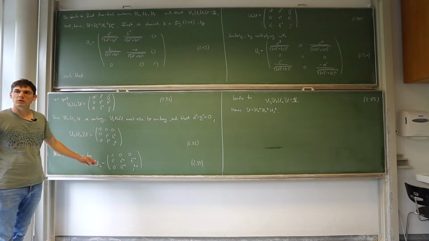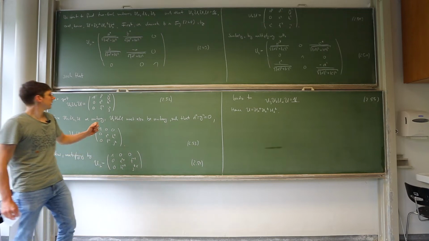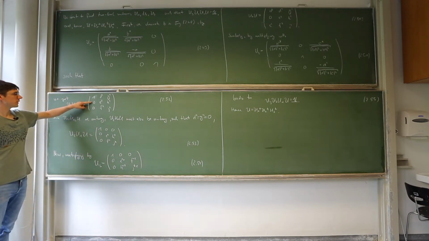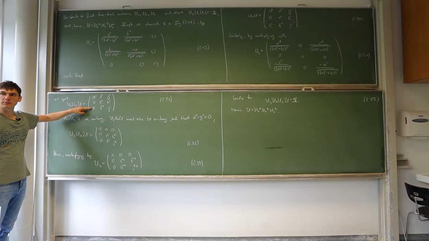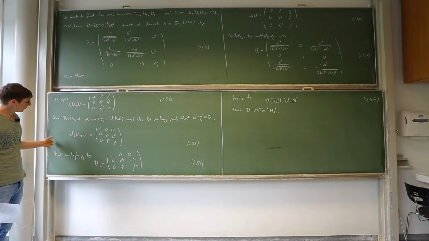If we now go to a d by d unitary, we can do the same procedure and start eliminating the second element in the first column, the third element in the first column, and so on. This we do simply by multiplying with such two-level unitaries.